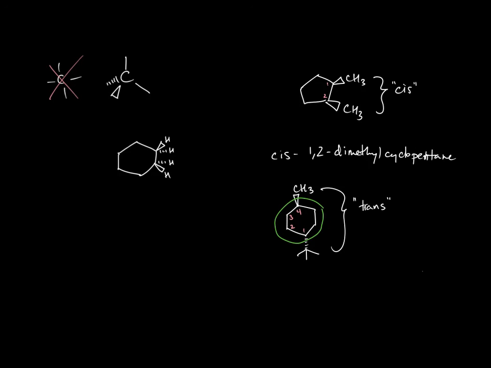Butyl comes before methyl, so this would be a trans 1 tert-butyl 4 methyl cyclohexane.